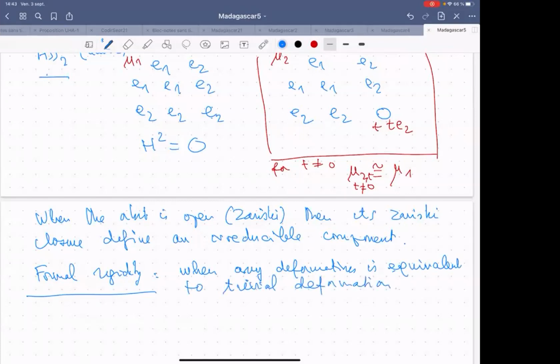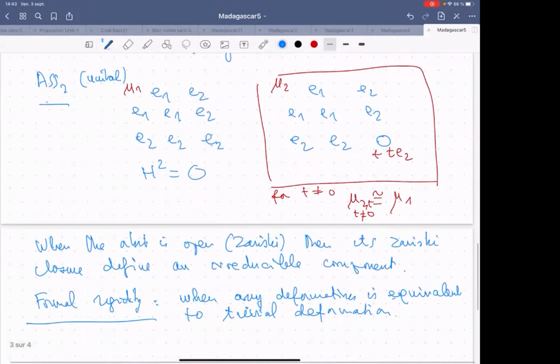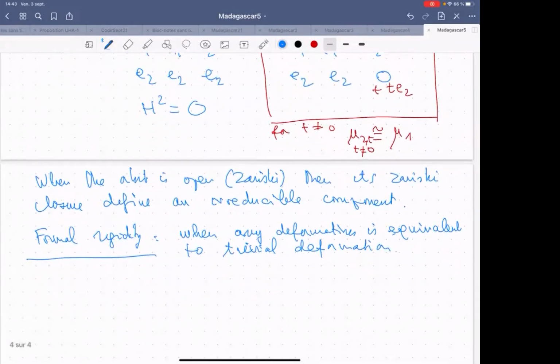And for the finite dimensional case, geometric rigidity and formal rigidity are the same, but we don't have equivalence between algebraic rigidity and formal rigidity, or geometric rigidity for the finite dimensional case. We have a counterexample. We don't have any counterexample for associative.